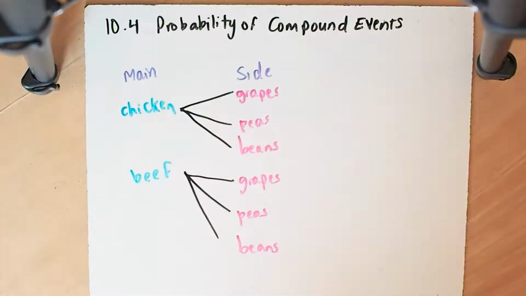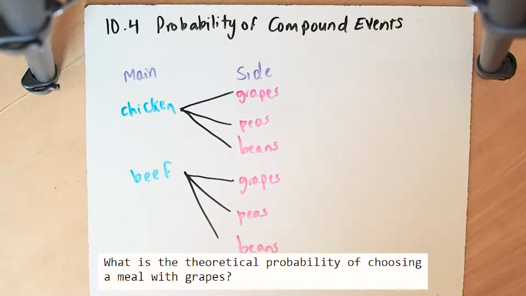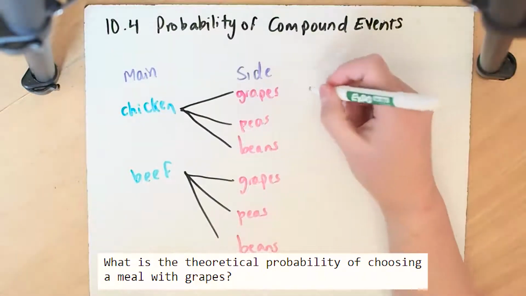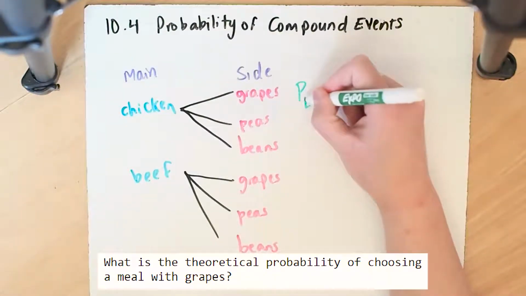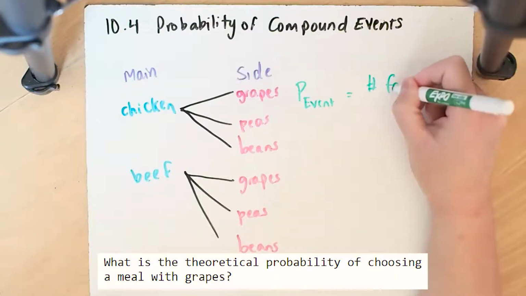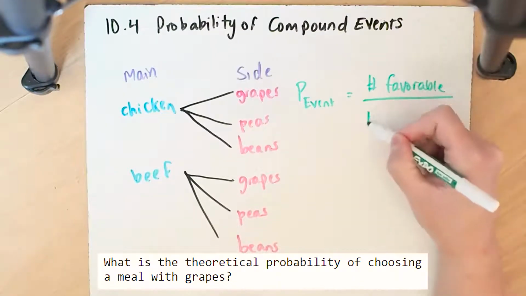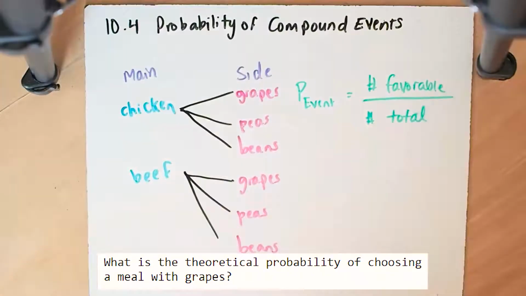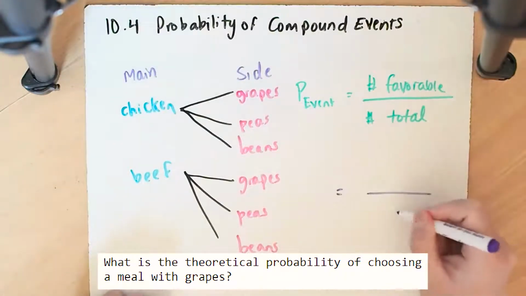What if now we have a question that asks us what is the theoretical probability of choosing a meal with grapes? Just like we've done in the past, our first step is always going to be to write the formula. We know that the probability of this event is equal to the number of favorable outcomes over the number of total outcomes. Using yesterday's lesson, we've already established that the total amount of outcomes is 6, so that number goes on the bottom.